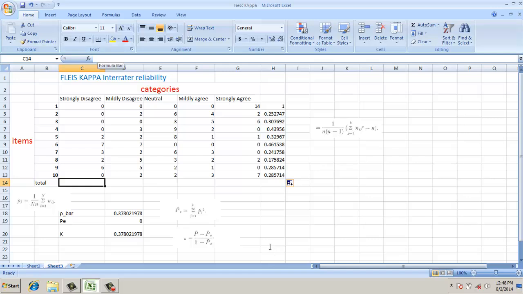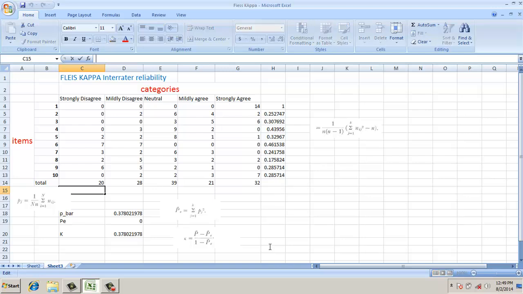Now we need to calculate the total, because we need to calculate the proportion of agreement on each category.